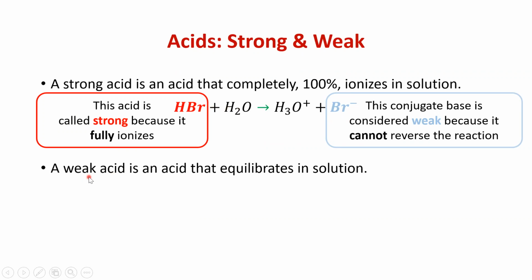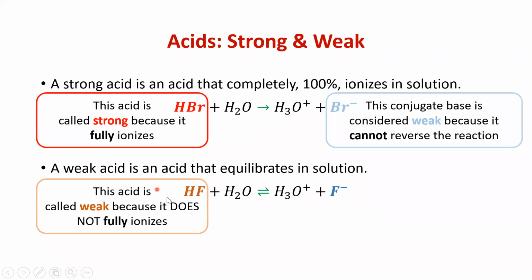Okay, so what do we mean when we talk about weak acids? Well, weak acids, only very small percentages actually ionize. So we're going to end up with an equilibrium. Hydrofluoric acid is an example of a weak acid. It's going to donate protons to water to produce hydronium ions and fluoride ions.